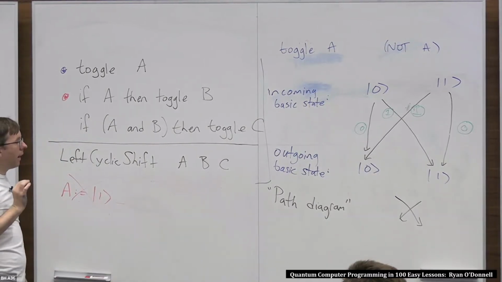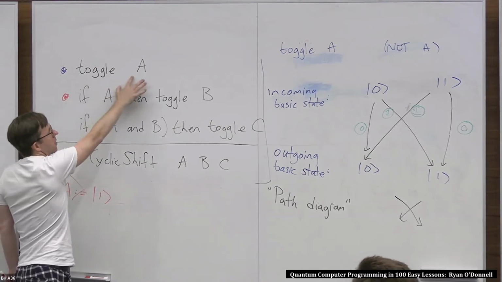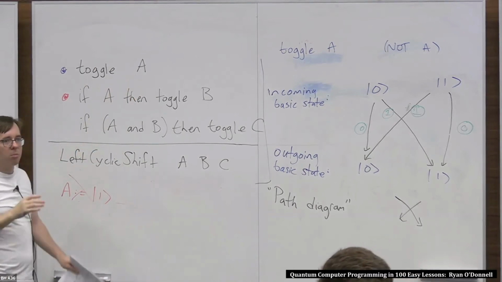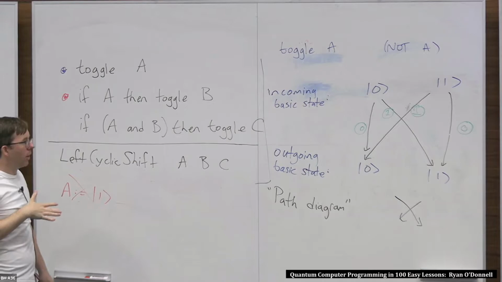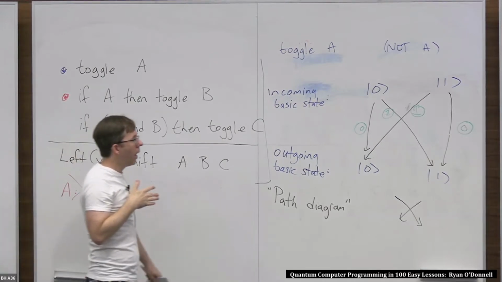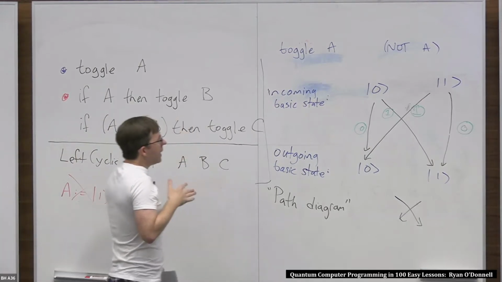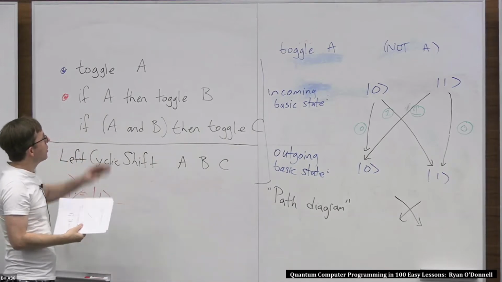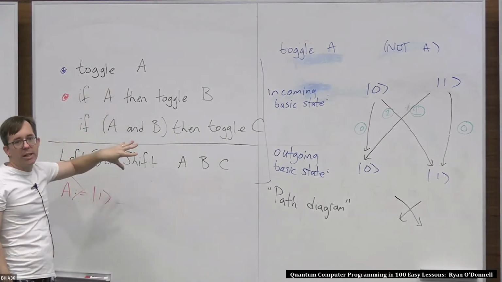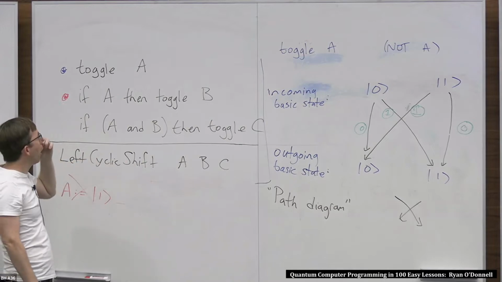So two things to say. Later in this lecture, I'll explain what happens when you do an instruction like that on something that's in a superposition state. But another thing that I didn't make clear, which I'm making clear now, is as we'll see, it's sufficient to define an instruction by saying only what it does to basic states.